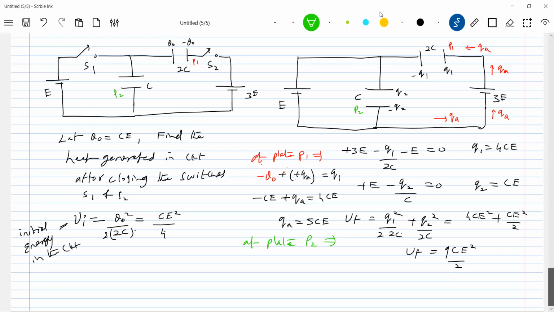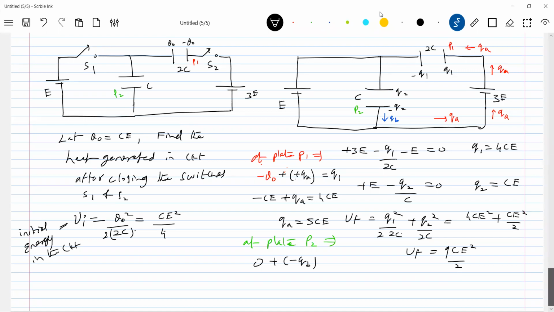Okay, plate P2, what was the initial charge? It was 0. Shall I assume positive charge or negative charge? You look at this one. 0 charge was there earlier at plate P2. Now it has become minus Q2. So some positive charge might have left. I'll assume a QB charge left here, so minus QB I'll write.